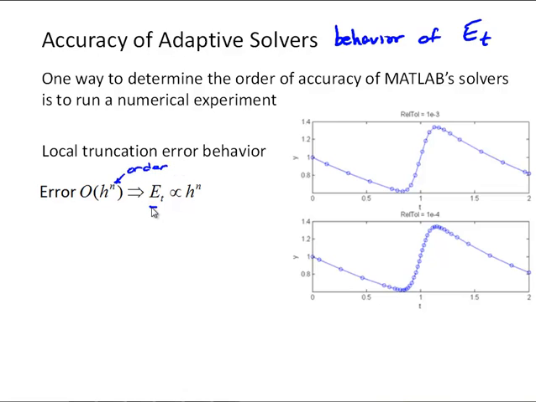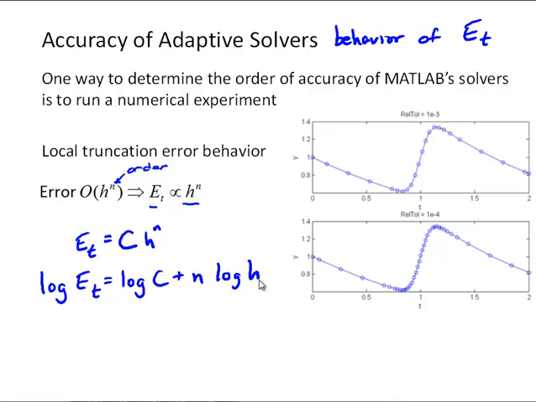So what we're saying is that truncation error is proportional to h to the n. Another way to think about that is we're saying ET is equal to some unknown constant times h to the n. Well, if we take the log of both sides, the log of ET is going to be equal to the log of C plus n times the log of h.